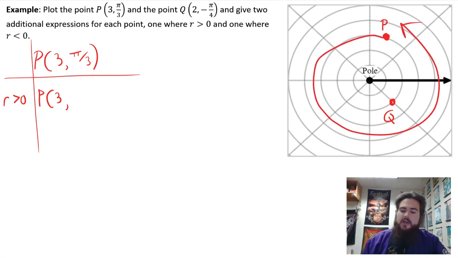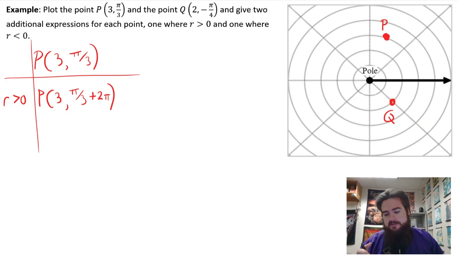If I rotate another 2 pi, I will still end up facing the same direction and then can walk 3 paces towards that direction. So another way to represent this would be pi thirds plus 2 pi. That would work. This is not the only answer. You could also subtract 2 pi, or maybe add 4 pi if you want to rotate multiple times.